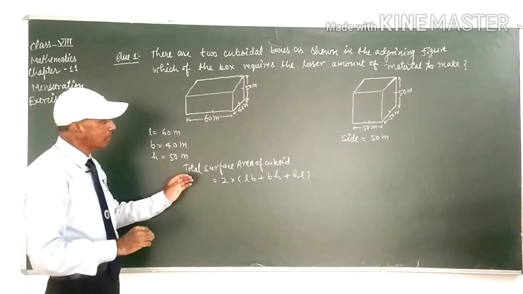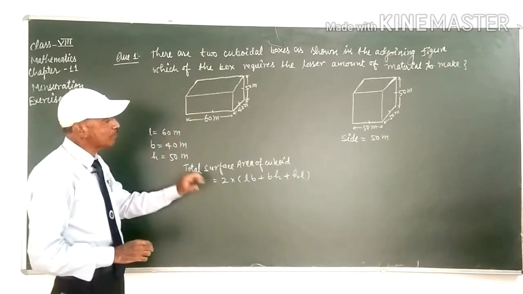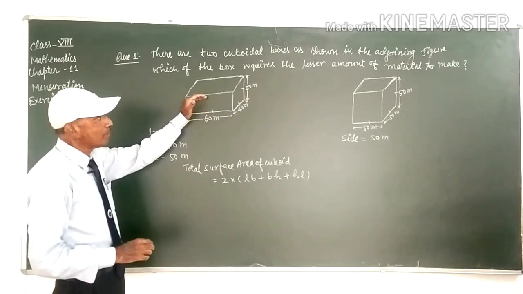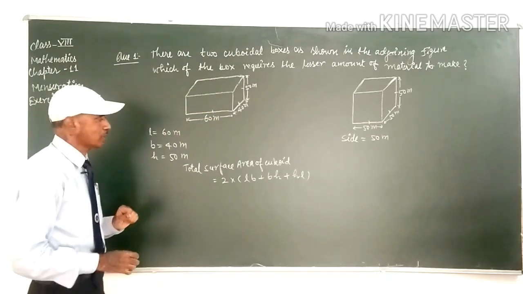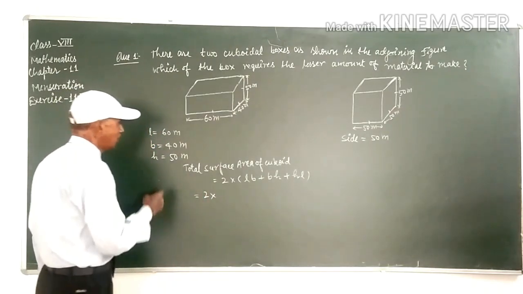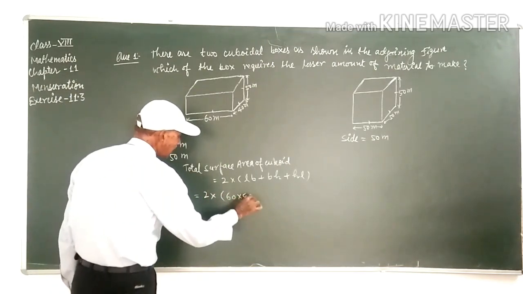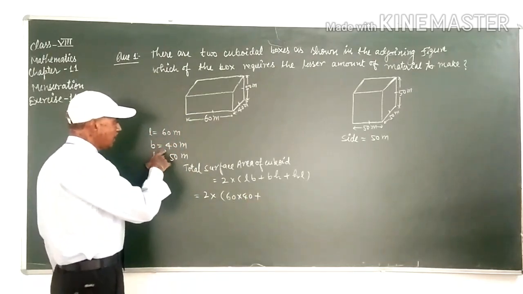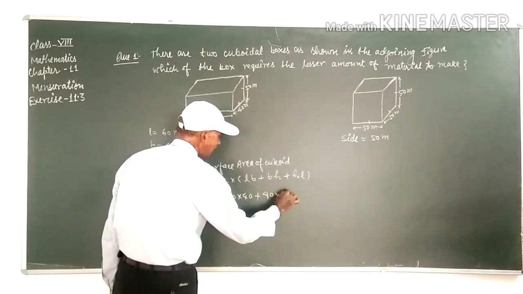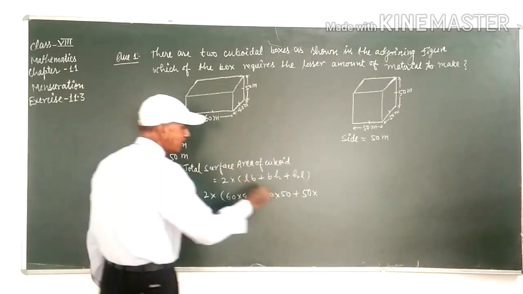This is the formula for the total surface area of a cuboid, because this box is in cuboid shape, so we have to find out the total surface area of this box to find the material required to make this box. So this will be, student, 2 into (60 into 40 plus 40 into 50 plus 50 into 60).